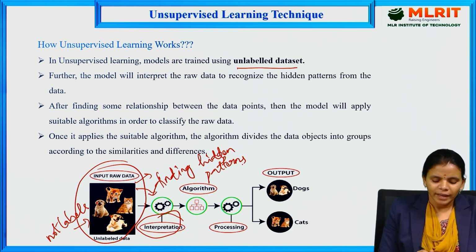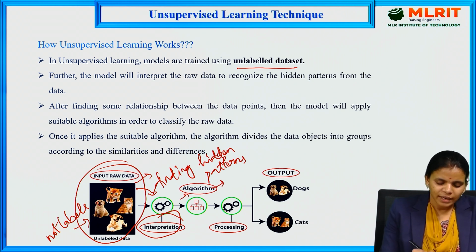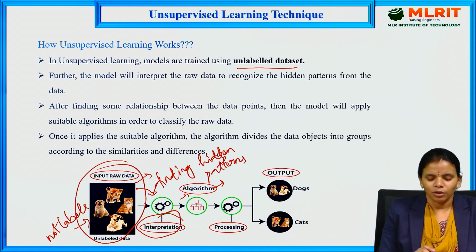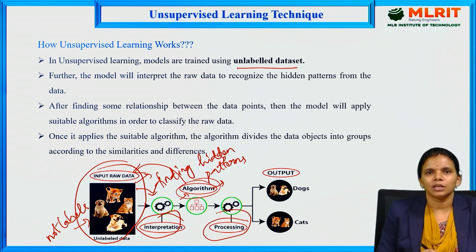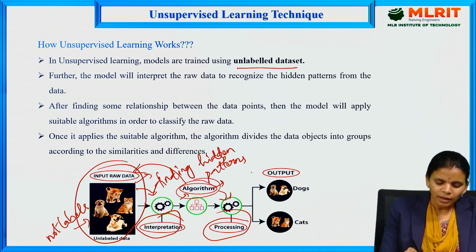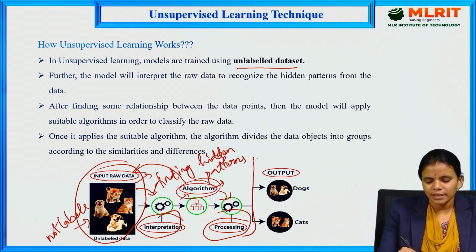And next, choose the appropriate algorithm on this data set. Now we use this algorithm on the training data set, which is the pre-processing of that data set by using the algorithm. So up to this point the model training is completed.